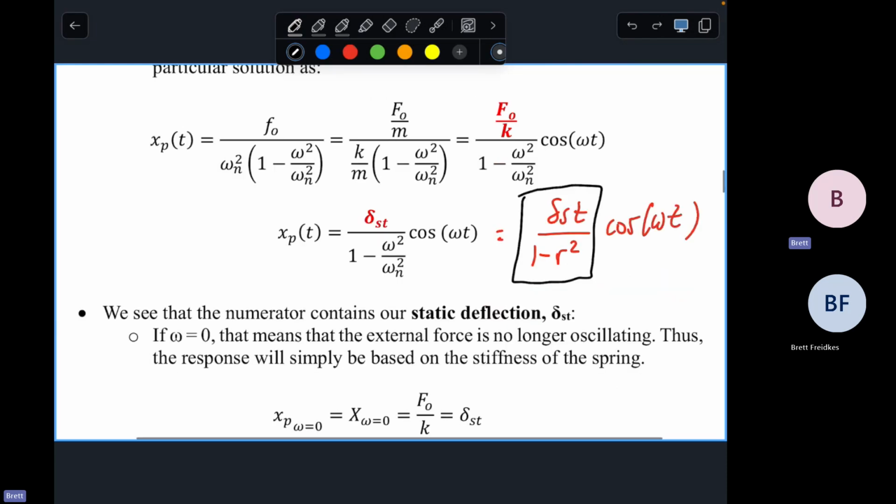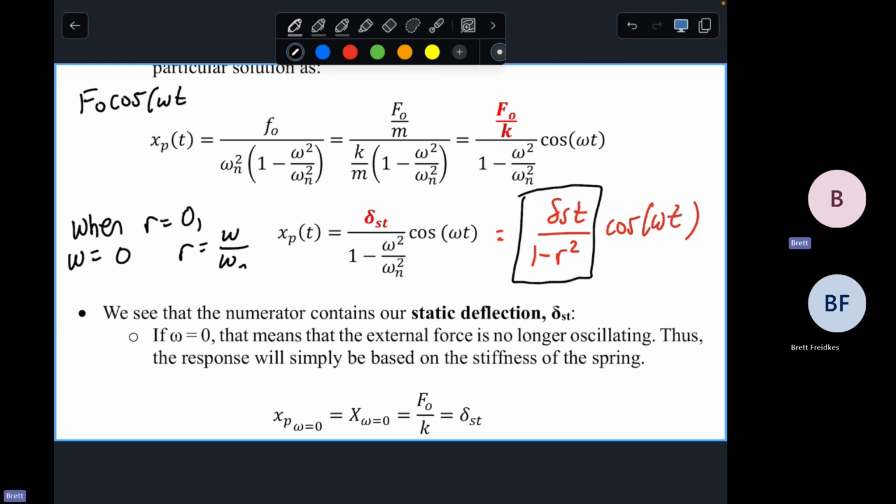So when r equals 0, that means that omega equals 0, right? Because r is omega over omega n. So if r is 0, omega is 0. And if our force is F naught cosine omega t, that means that the only thing acting is F naught, some constant.